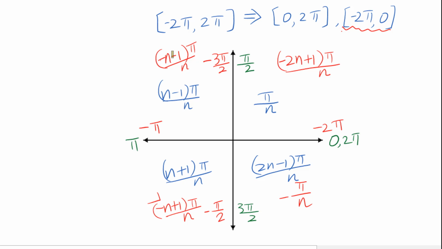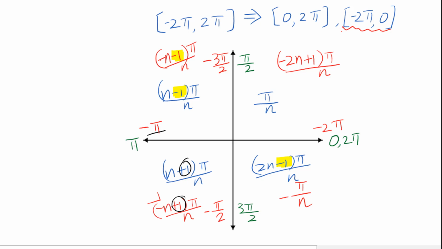Let's check the pattern. Here is a minus 1, minus 1 for the second quadrant, and then the fourth quadrant. Here's plus 1, plus 1 for the first and then the third quadrant. If it's pi, I will use n plus 1.